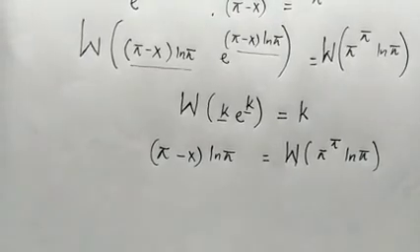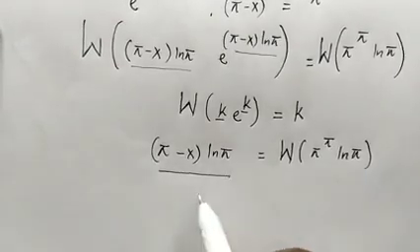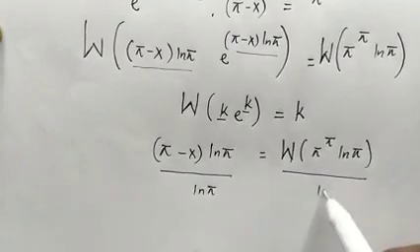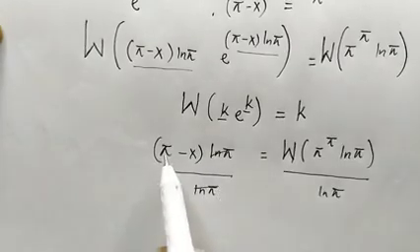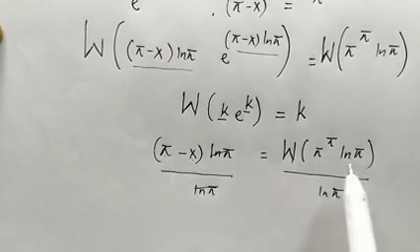Okay, so from here, we got to divide both sides by the natural log of pi. So this, we cancel this. So we have here pi minus x equals this. So x will be pi minus this, right?